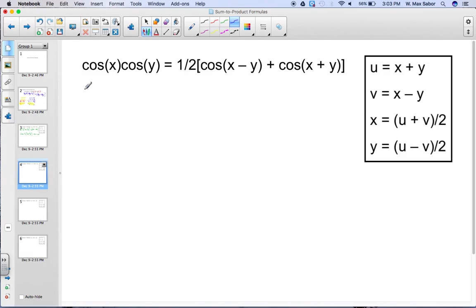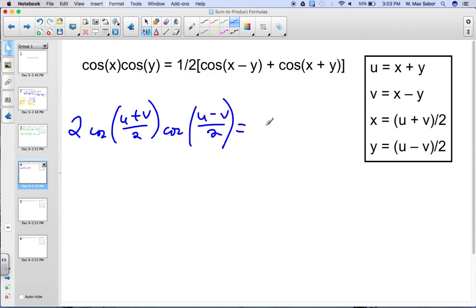Next, multiply by 2 on both sides, and we can replace x and y. X minus y was v, and x plus y was u. So it doesn't really matter what order they're in.